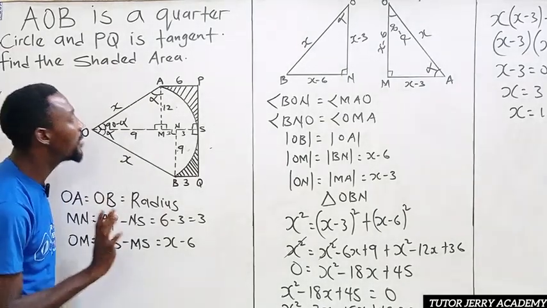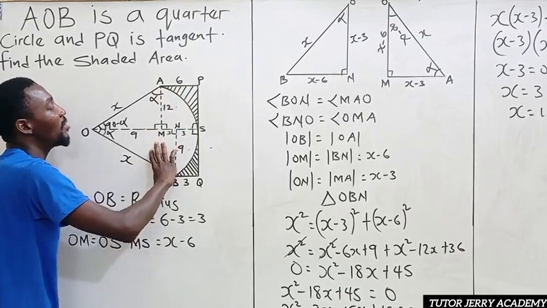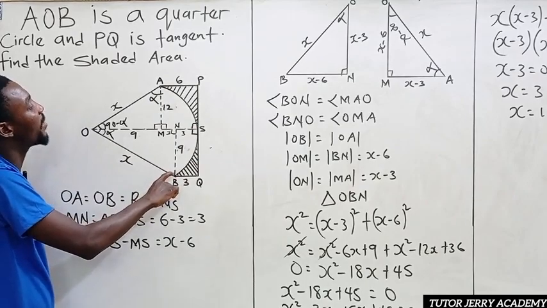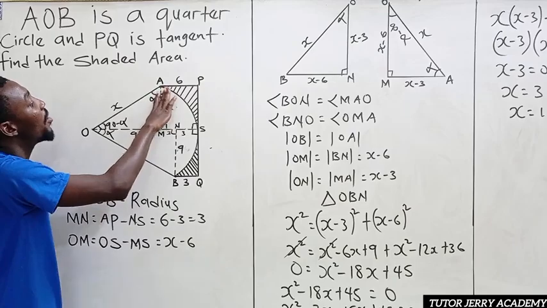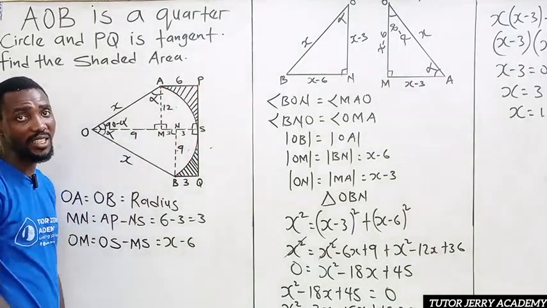Is that clear? So the sum of this first trapezium and this second trapezium, if you subtract the area of the quarter of a circle from it, we are going to have this shaded area.